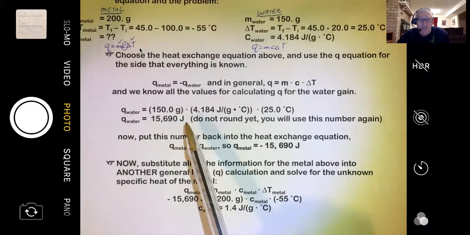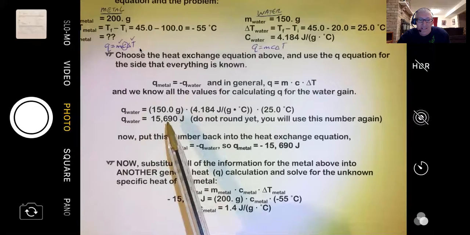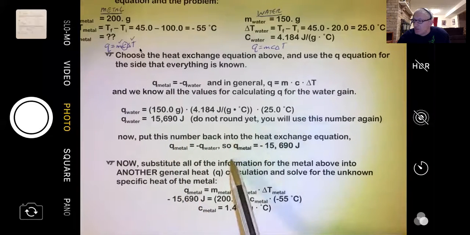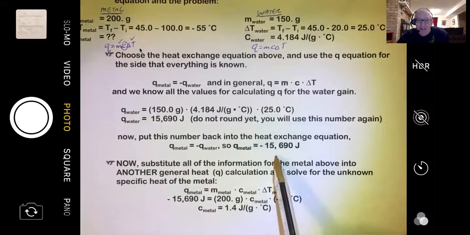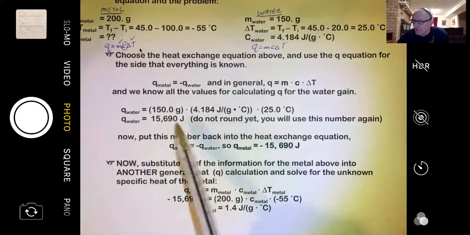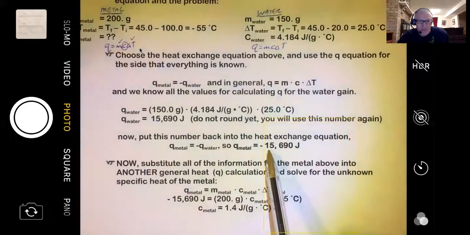And then we say, okay, if the water gained this amount of heat, we know that heat was gained from the metal. So the amount of heat lost by the metal had to be this quantity. Notice how we just changed the sign on it, because this one gained, because this one lost.